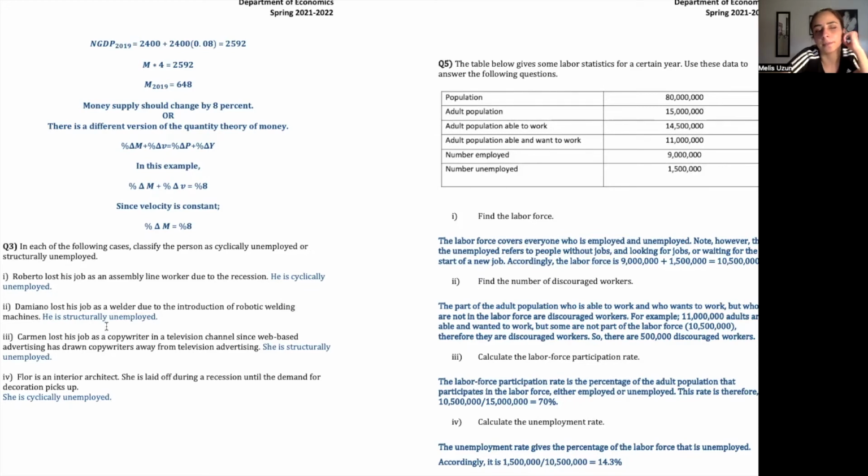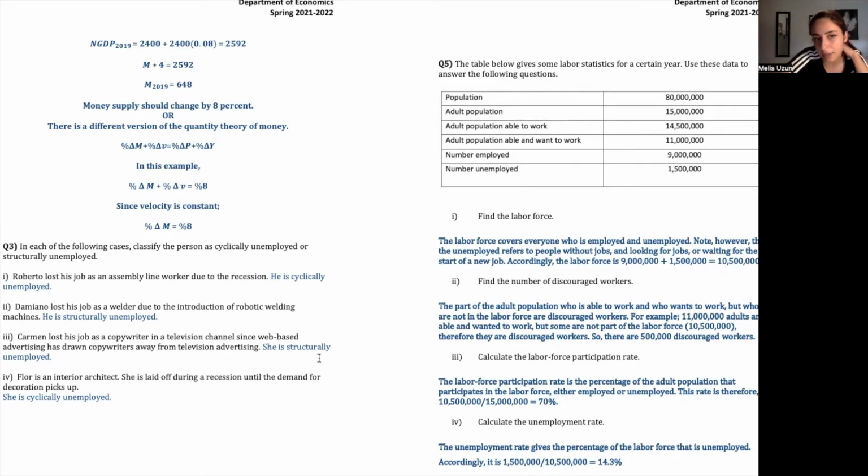Damiona's abilities are not enough anymore. Robotic welding machines fulfill the job better, so they remove Damiona. And Carmen lost his job as a copywriter in a television channel since web-based advertising has drawn copywriters away from television advertising.